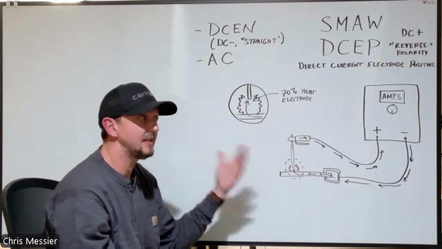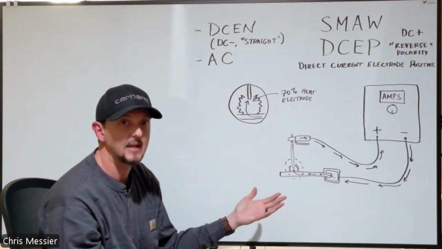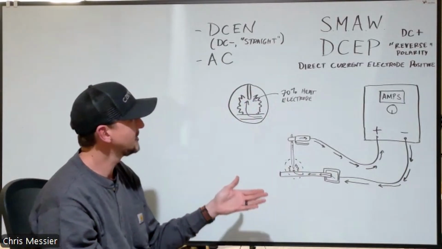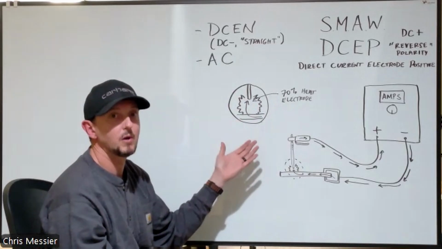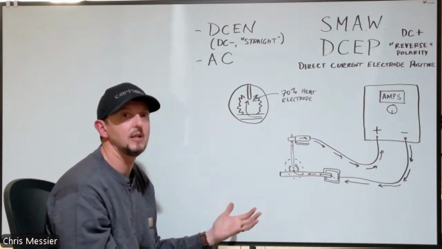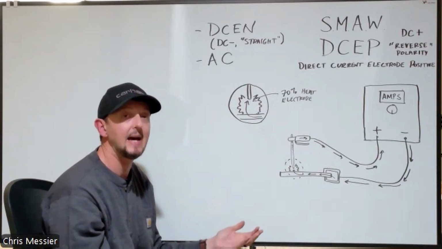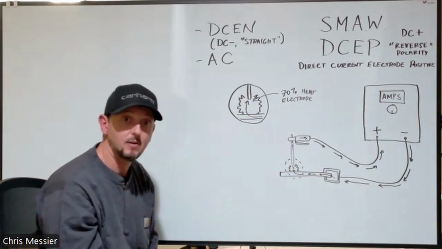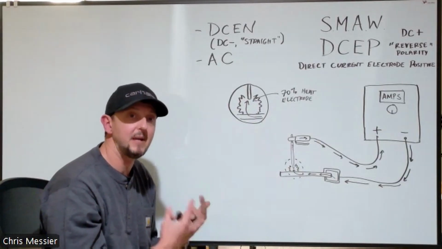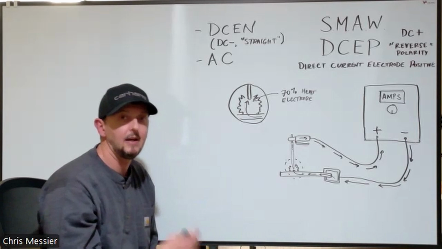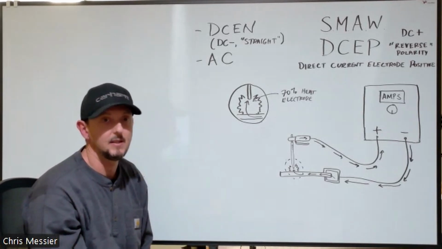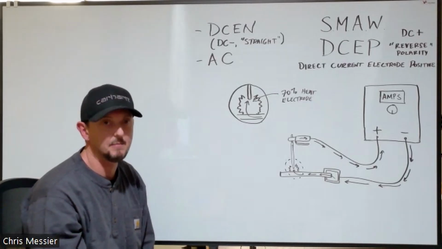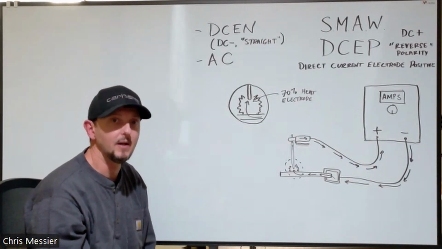So in this case, the 7018 electrode is designed to be used with DCEP polarity. It is designed to work properly, to get good penetration for structural applications, stuff like that, with this polarity. So that's why it's really important for you to check the way that your machine is set up and make sure that you're on the proper polarity for what you're actually doing, the type of process, and the type of electrode, in this case for SMAW, that you're using.